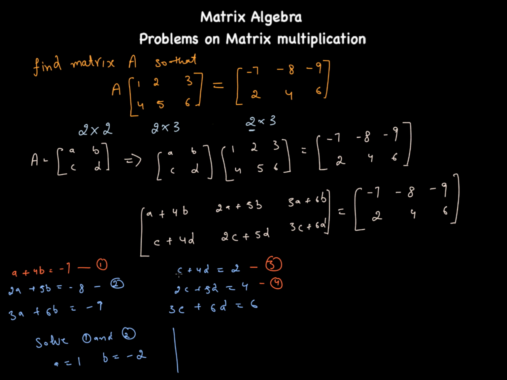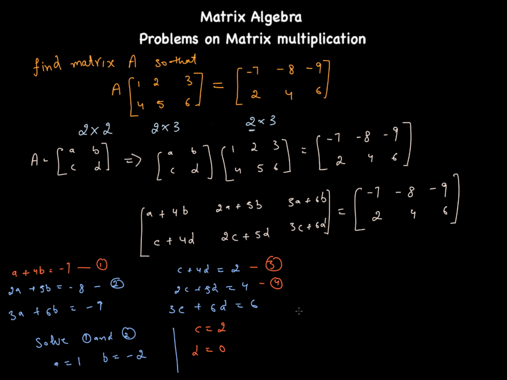Same thing: if we multiply 3 by 2, it gives me 2c plus 8d is equal to 8, and if we subtract it from 4, the c terms will cancel out, we'll find d, and we plug d into one of those to get c. So this gives me c is equal to 2 and d is equal to 0.